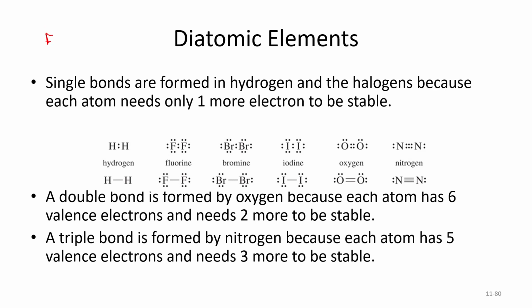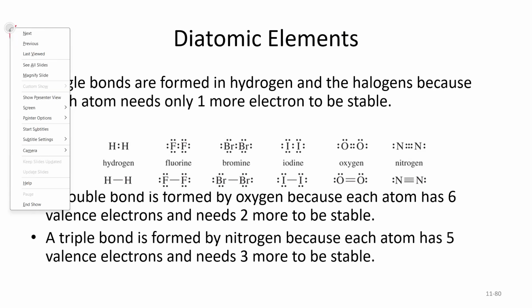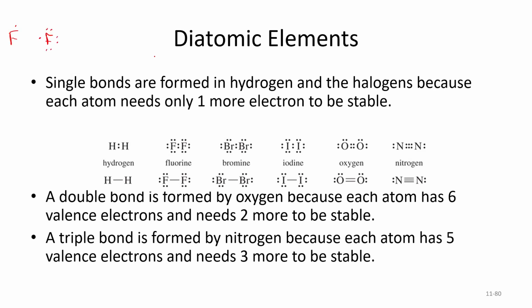So if I draw fluorine and I do 7 valence electrons, now since I'm talking about 2 fluorines bonding together, I'm going to draw another fluorine, and I want to orient the valence electrons near each other, because in order for them to form a relationship, they're going to have to be by each other. So we have 1, 2, 3, 4, 5, 6, 7.